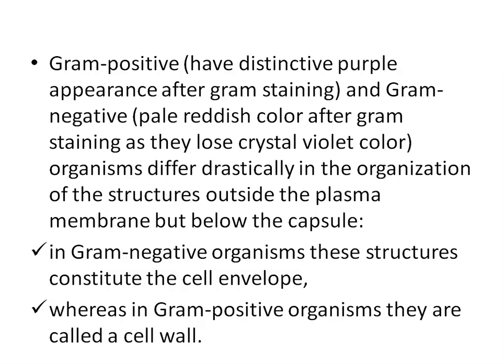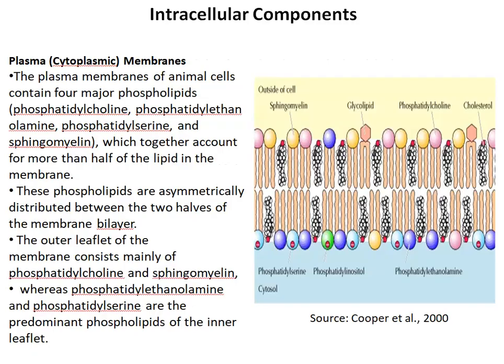So they differ in the organization of the structure outside the plasma membrane. In gram-negative organisms, these structures constitute the cell envelope, whereas in gram-positive organisms, they are called cell wall, right?